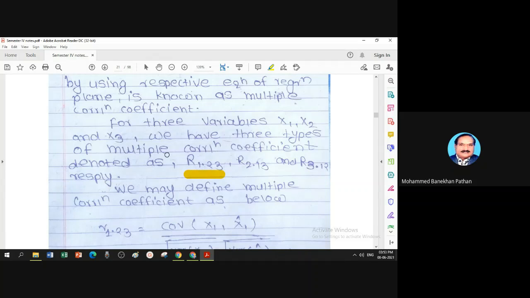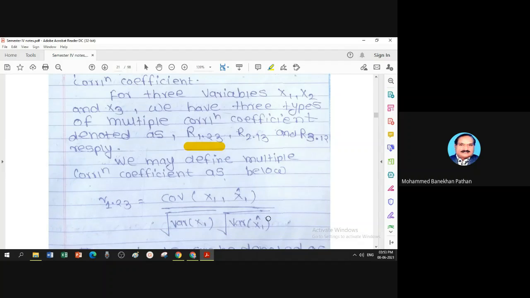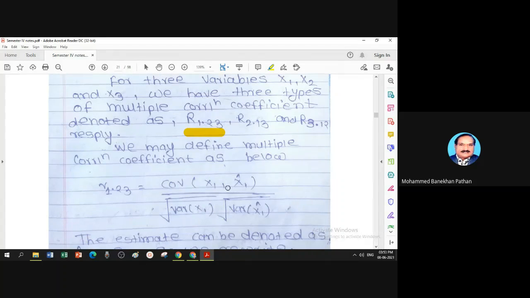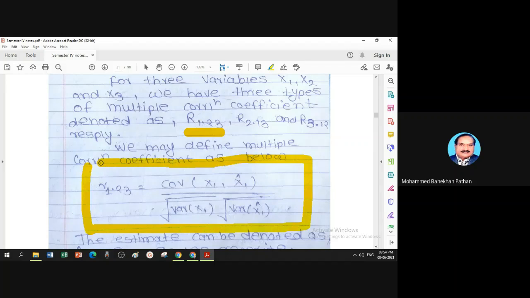It stands for the multiple correlation coefficient, which is defined as covariance of x1 comma x1 cap divided by the root of the variance of the first quantity into the root of the variance of the second quantity. So this is the definition of the multiple correlation coefficient for dependent variable x1 and its estimated value with the help of 2 and 3.